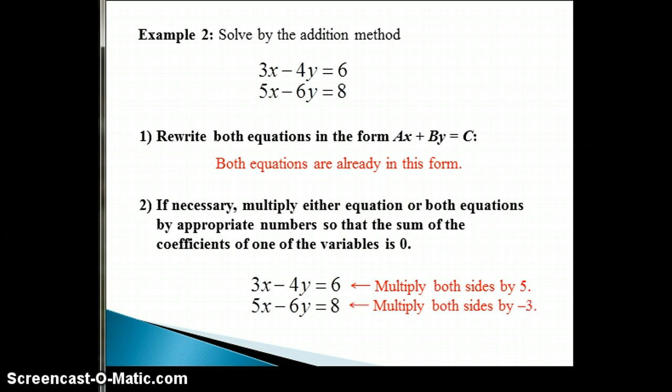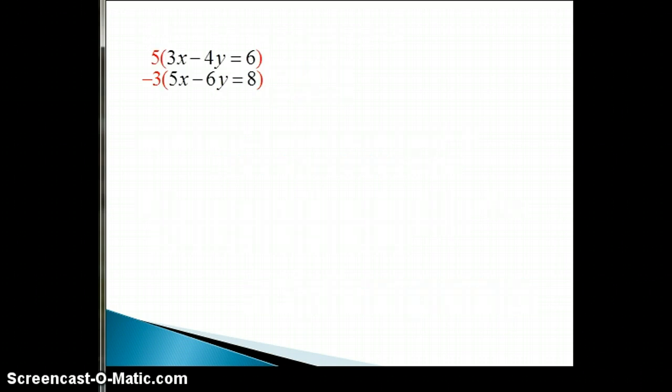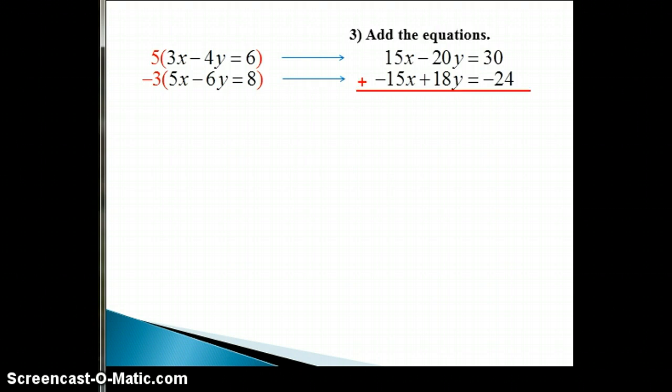So we could multiply the bottom equation by negative 3. After we finish multiplying both equations by the appropriate numbers, we obtain this new system. And now we're ready to add the equations together.